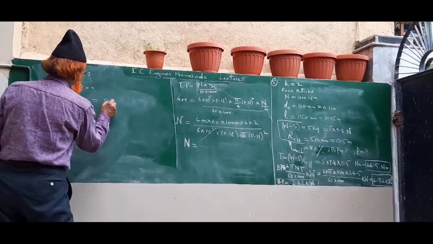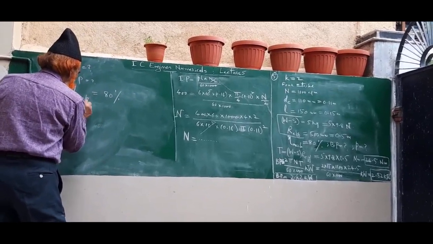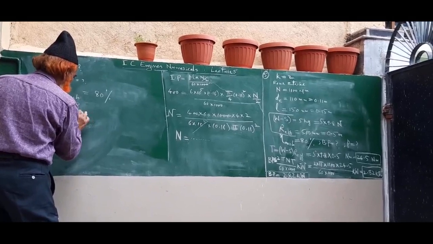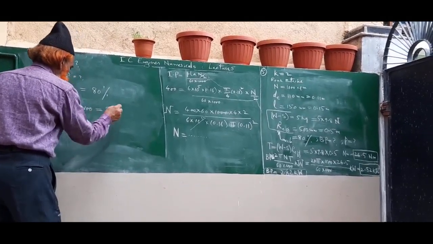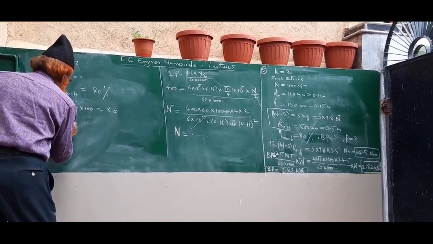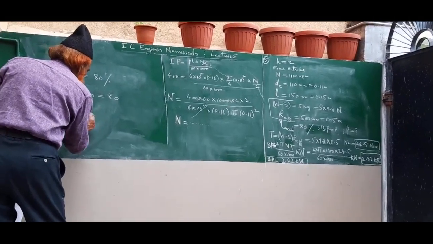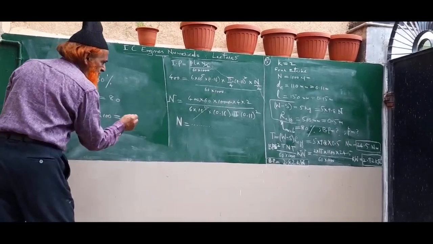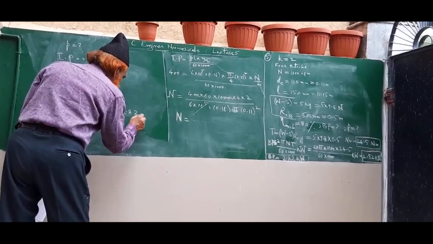How much is it? Mechanical efficiency is given as 80%. Okay. Mechanical efficiency formula is BP by IP into 100 is equal to 80. Therefore, IP is equal to BP divided by 80 into 100. That is BP, 2.82, divided by 0.8.